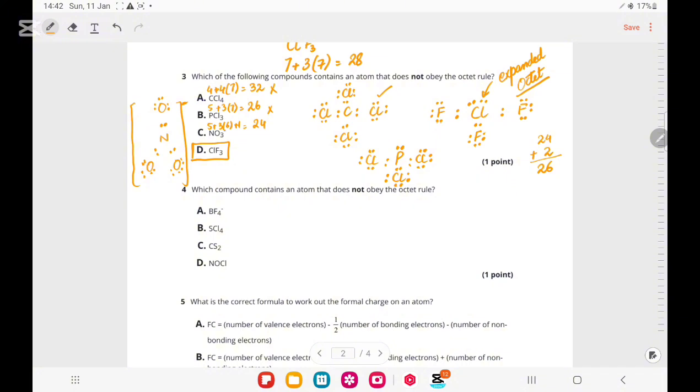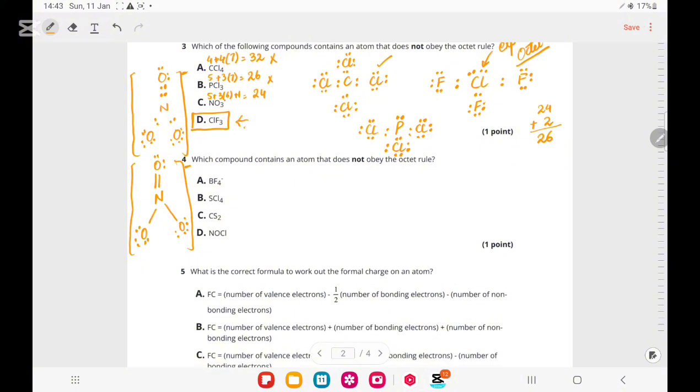So what will happen, the lone pair on oxygen would be removed and a double bond will come at this point, nitrogen double bond oxygen. So it is going to be like this, then it is going to be like this. So now it is going to have a negative charge, so it also fulfills the octet.